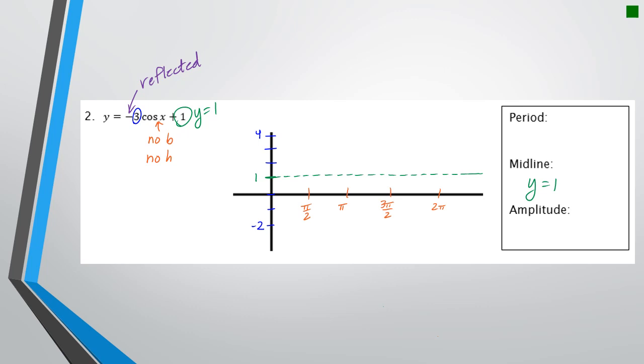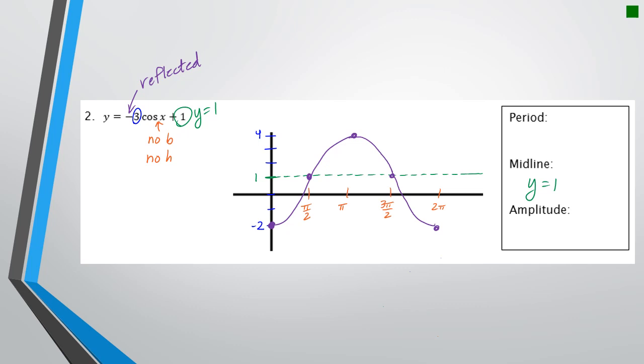So since our amplitude is 3, we're going to start down 3 from the midline, then back to the midline, now up 3, back to midline, and down 3. So now instead of our points making a V, now they make kind of like a triangle or a pyramid shape. But again, when you connect the dots, make sure that you connect it with a smooth curve. It shouldn't look like a pyramid. It should be like an upside down, or it should look like a bell almost.